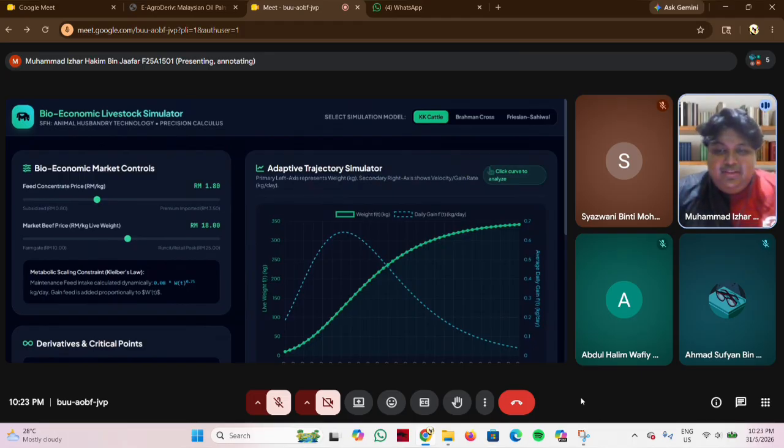Instead, they experience periods of rapid growth followed by slower growth as they approach maturity. Because of this, farmers need tools to predict growth patterns and make informed decisions about feeding strategies and production planning. My web page uses a mathematical growth model to simulate cattle growth over time and shows how biological growth can be linked to economic outcomes.